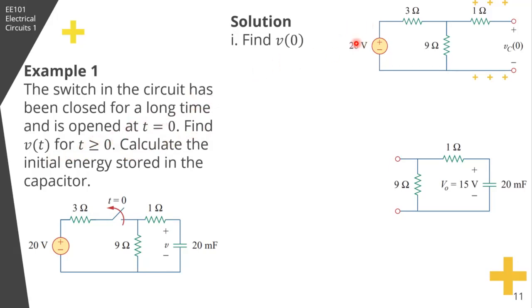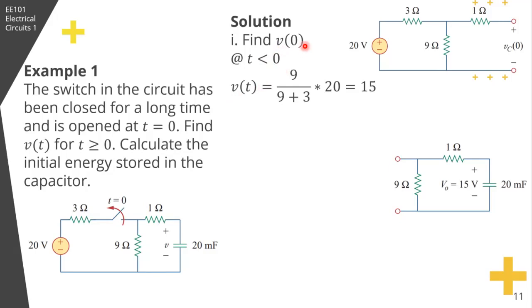Si V at 0. Alam mo sa katong property sa atong capacitor, dili siya mo abruptly change yung iyahang voltage.